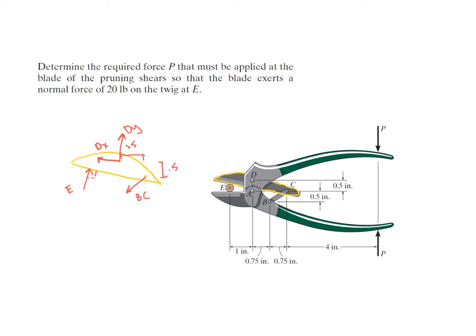So I can certainly have enough information there. We know we can get the angle for BC. But the issue becomes that although I know from D to E in the horizontal, I don't know it in the vertical. And I don't know the angle that E acts at because I don't know the angle of that yellow piece. So I'm just left with too much information that I don't know.